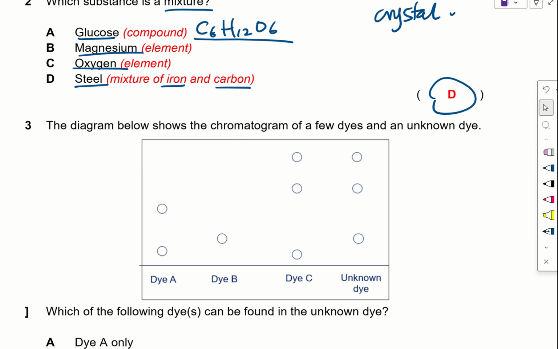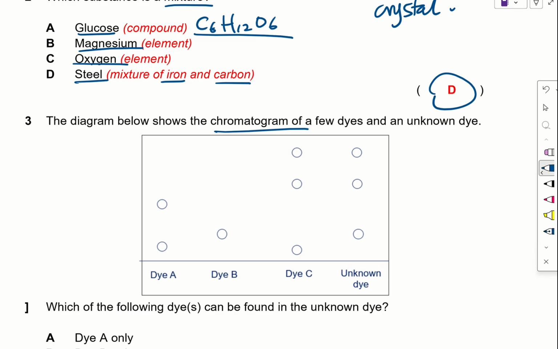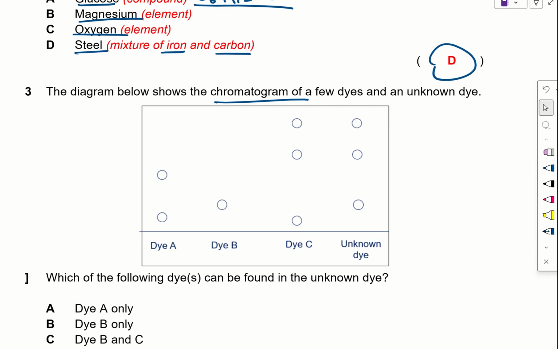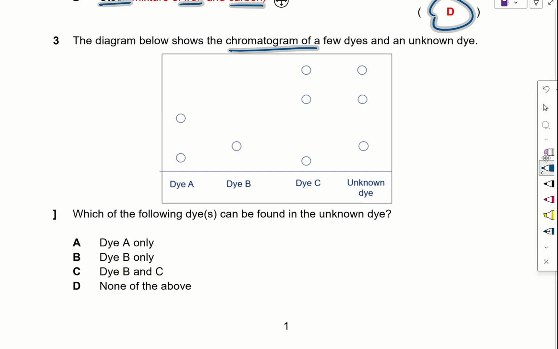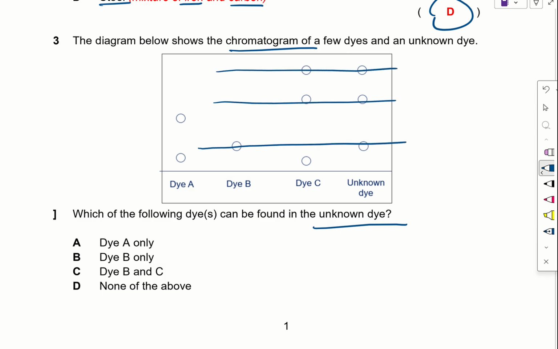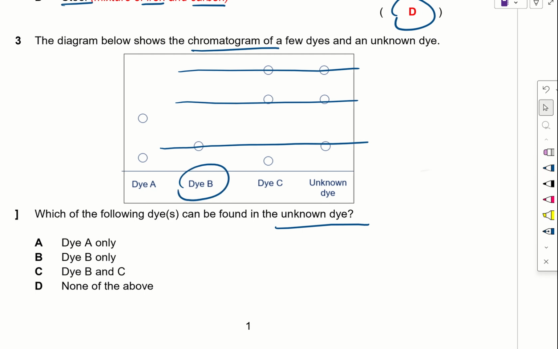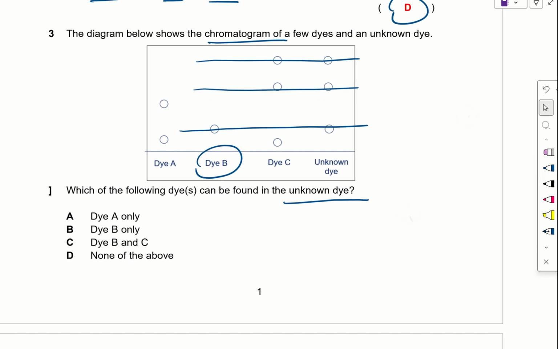Okay, question 3, it shows the chromatogram of a few dyes and an unknown dye. So, the question asks, which of the following dyes can be found in the unknown dye? So, during exam, you need a ruler, you put it across, you draw, right? So, you find that there is actually dye B inside. Is there dye C?